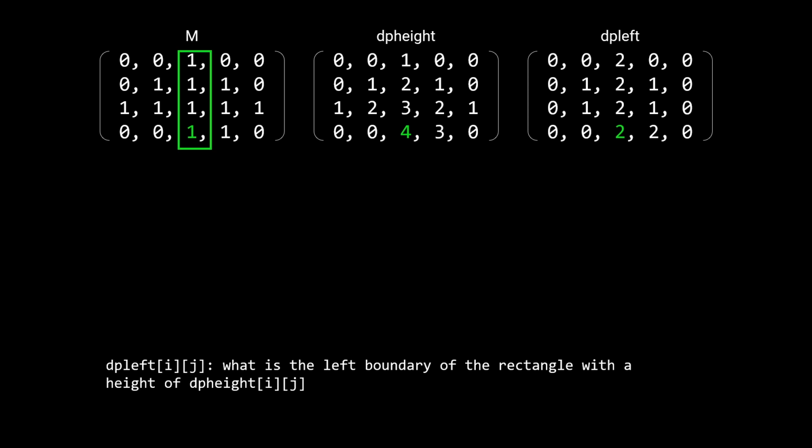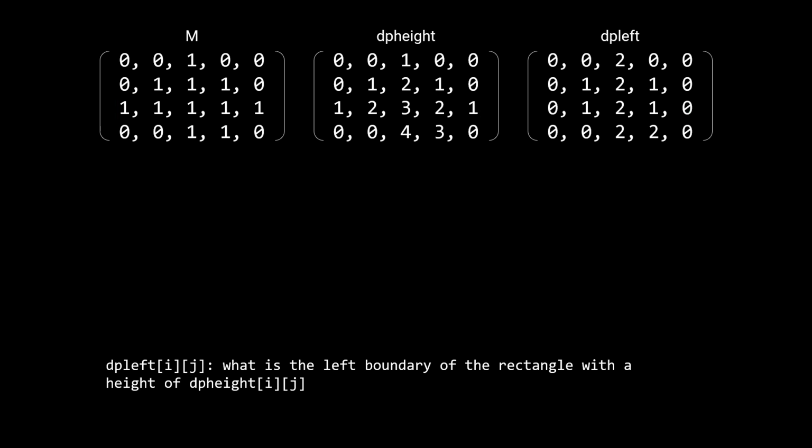So the rectangle of height 4 looks like this. And what's the left bound of this rectangle? It's index 2, which is reflected by our DP table. Let's look at one more, this element here. Its height in the DP height table is 1, so let's draw the 1 high rectangle. And the left bound of this rectangle is 0. So that's why we have a 0 in the corresponding DP left element.